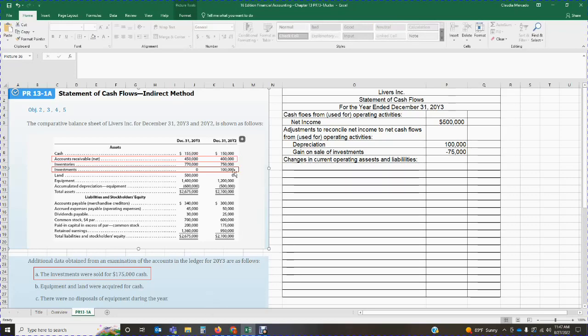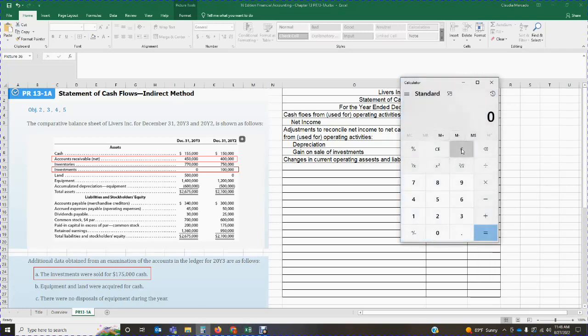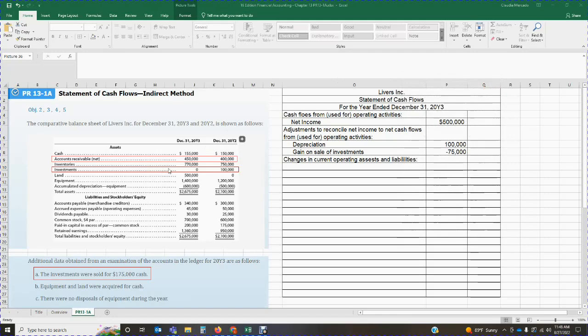I'm no math whiz here, but from 400 to 450 shows me an increase. I have more receivables this year than I did last year. So 450 this year minus 400,000 last year means I have an increase of $50,000 in my receivable.